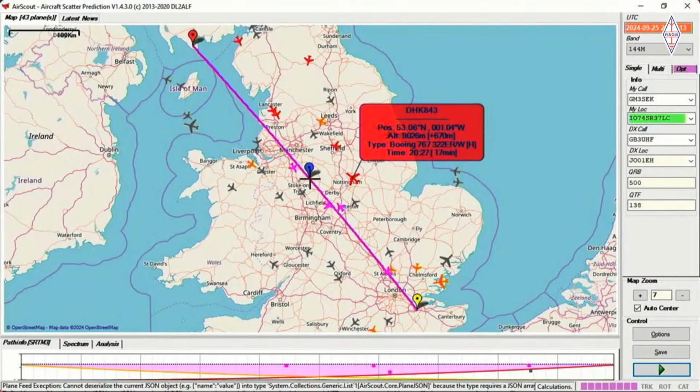and that's the thing that's been generating quite a few of my slides. So the advantage of it is it allows you to put in a target station as well as your own station. You can pick the target station from an enormous database of active VHF and UHF amateurs.